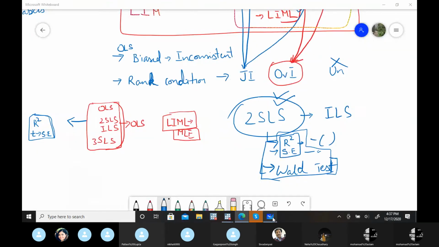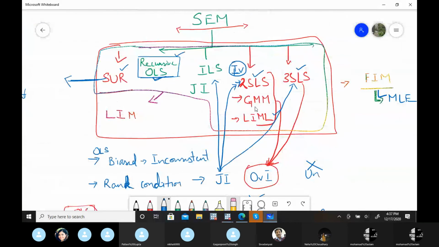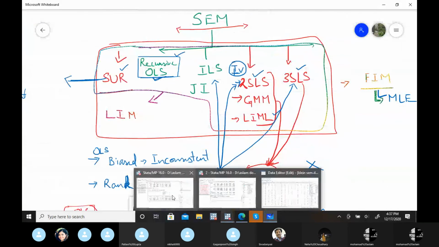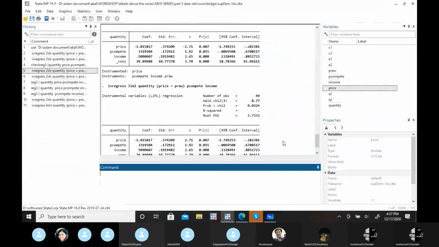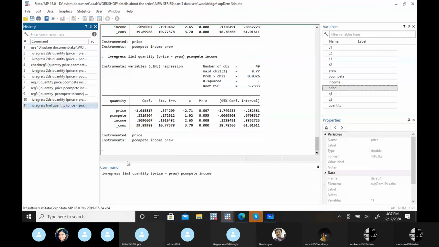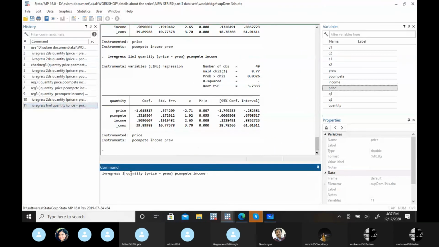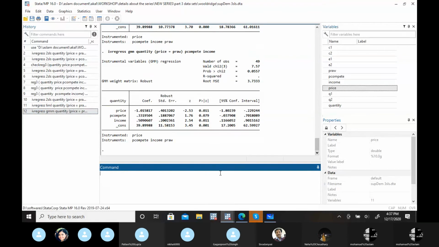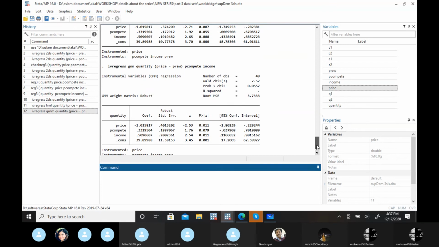So these are the models, and mostly I shared them. For GMM, again use the instrumental variable command. Here you have to write GMM. More or less, it's also producing the same results.